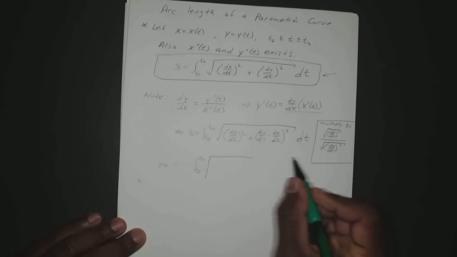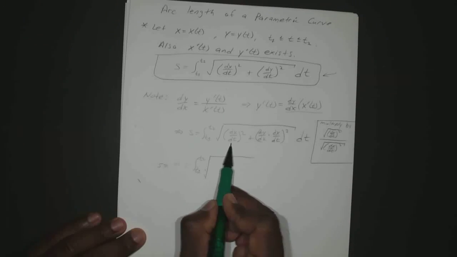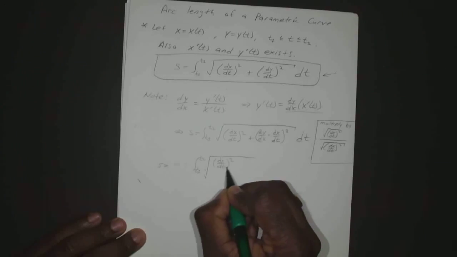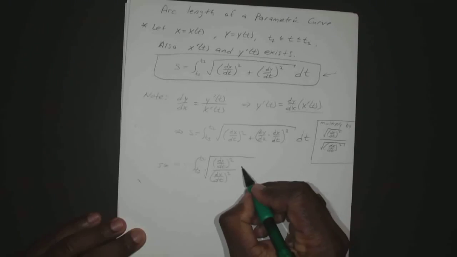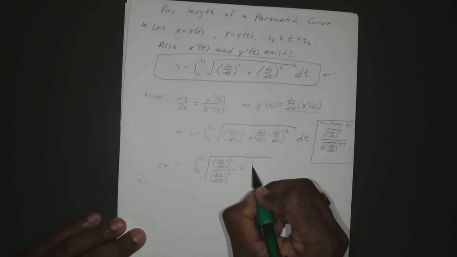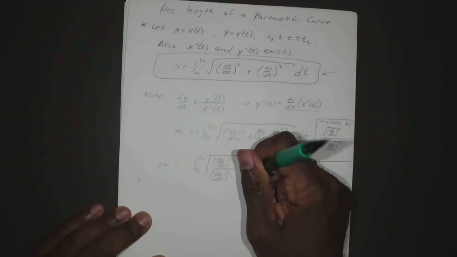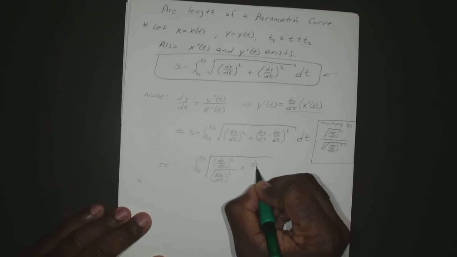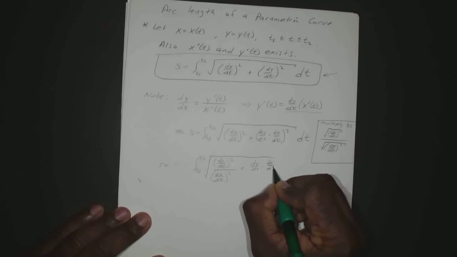We have dx dt squared in the denominator, so we can combine that all together. So we have dx dt squared over dx dt squared plus dy dx times dx dt.